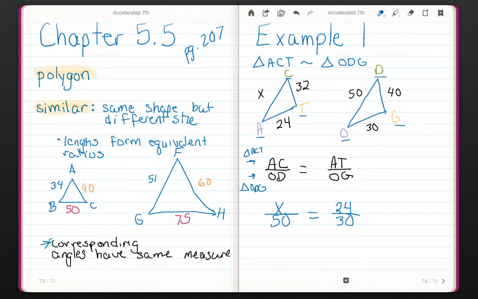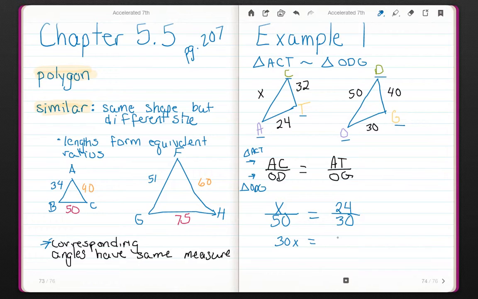I want to know, what does x equal? So I'm going to use cross products in order to find out. So 30x equals 50 times 24.